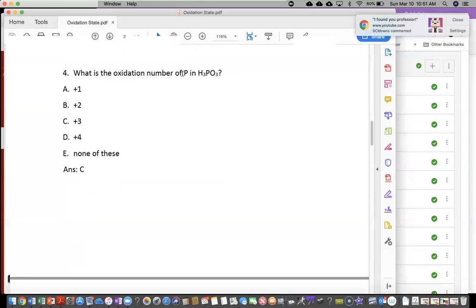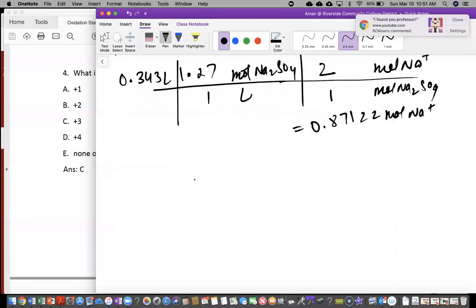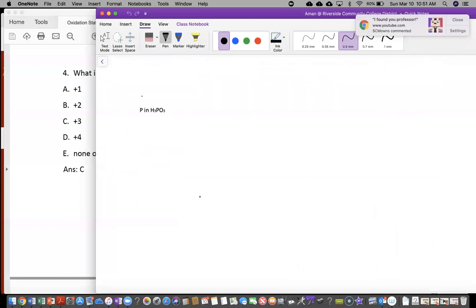Can you guys find the oxidation state? By oxidation state, we mean we want to find the charge. When you're practicing these, a good idea is to find the charge of each one: H, P, and O. So if you have H3PO4, can you find the charges of each one?